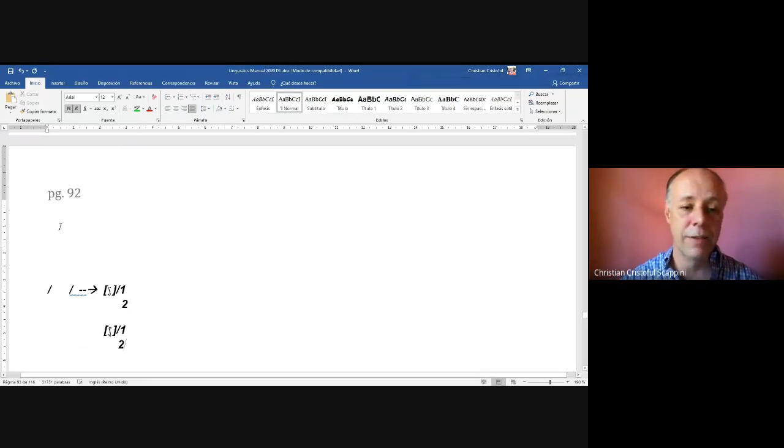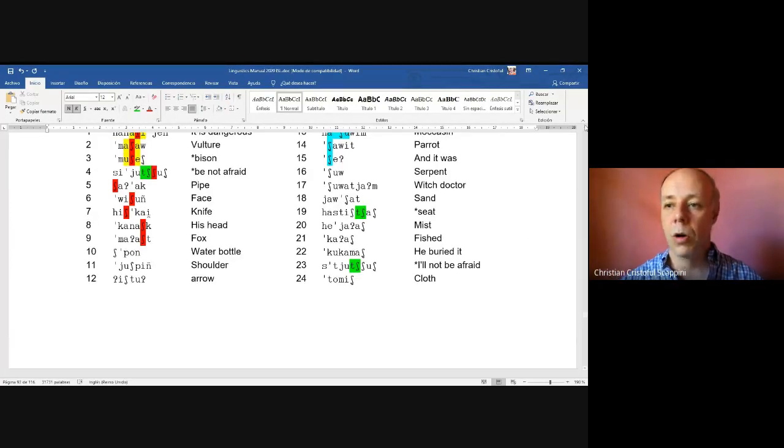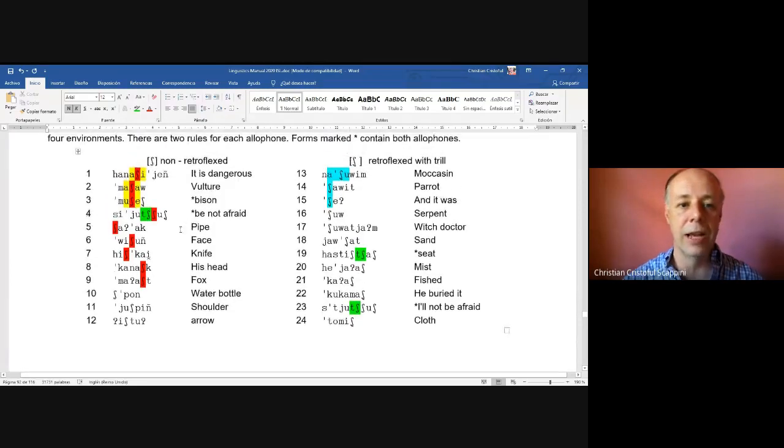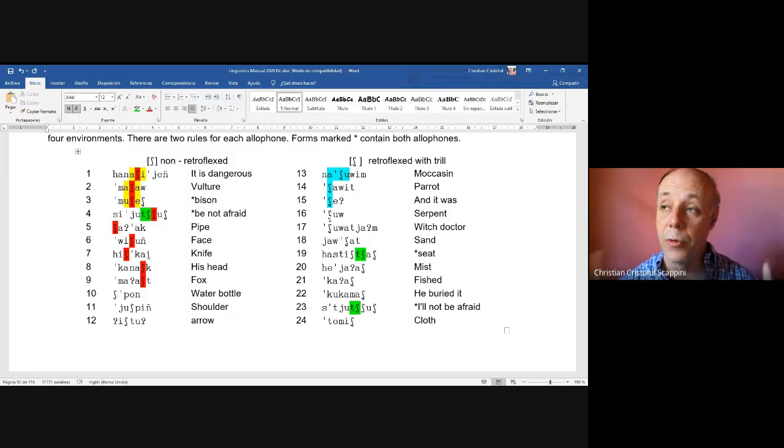So what did I find? I found that this sound occurs in intervocalic position, and this one also occurs in intervocalic position. I must not write the same rule for different allophones.